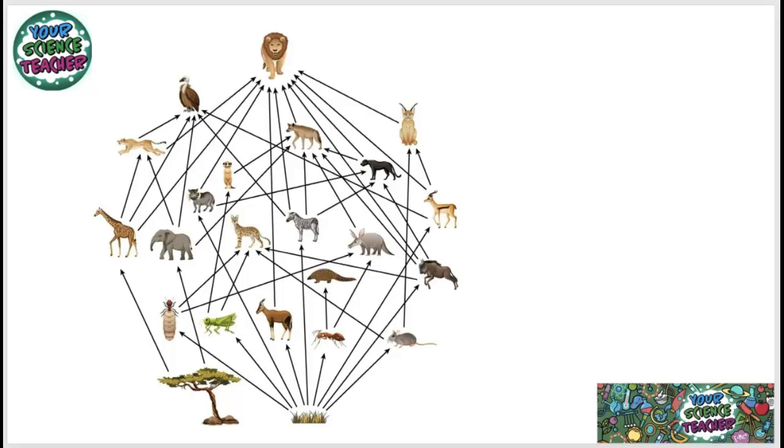Now, it's important to remember that all food chains and food webs start off with producers. And if we look down here, we have two different types of producers. We have grass and a tree here. The reason why every food web or food chain starts with a producer is because they convert the sun's energy by photosynthesis into glucose, and without any producers, we would get no food webs or food chains.